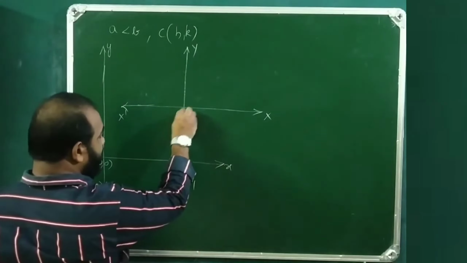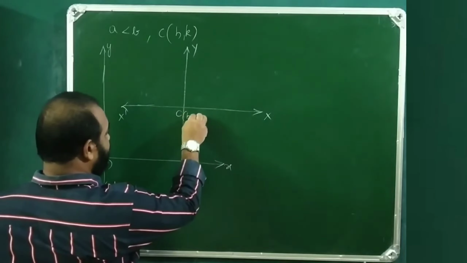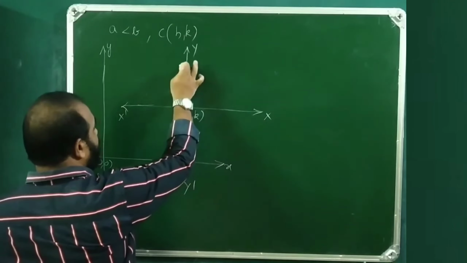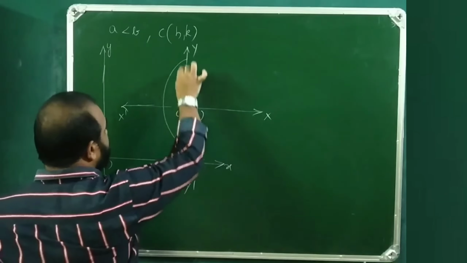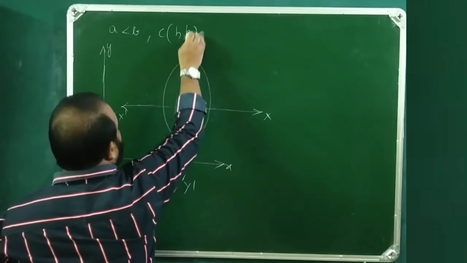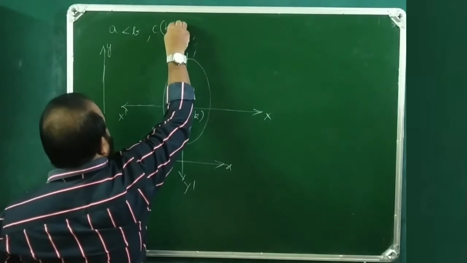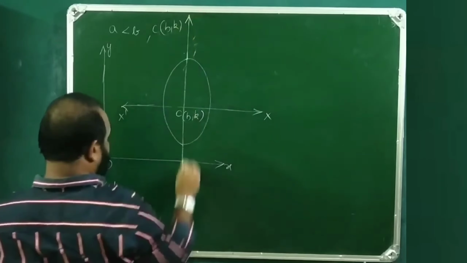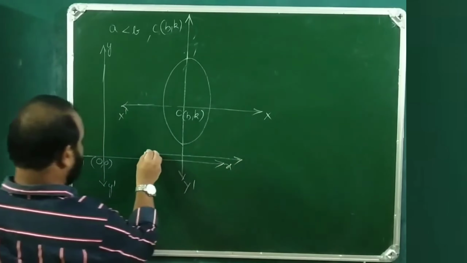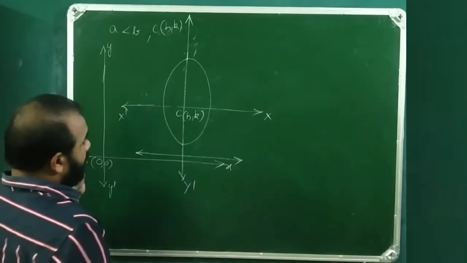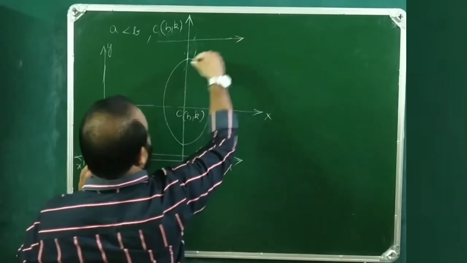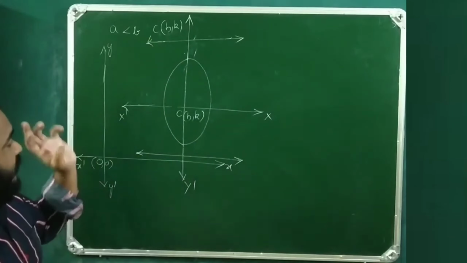Now this is the center of the ellipse which is h comma k. The ellipse is this. This is our new ellipse. These two lines are the directrices.